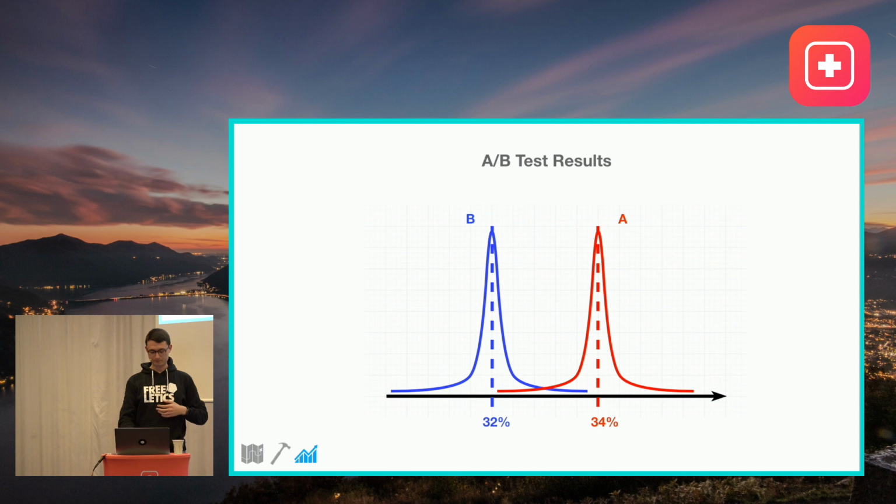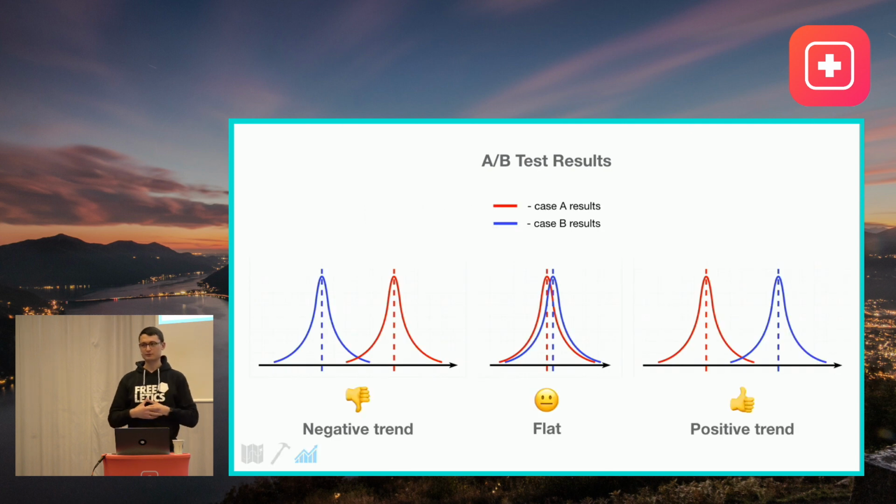So that means that it's not always obvious to say if B is more successful than A, because we may have flat results when our plots stay really close to each other, and it's hard to say which performs better. We just can't rely on that. If it's a negative trend, then we go with case A, with the feature disabled. If it's a positive trend, then we go with the new feature.